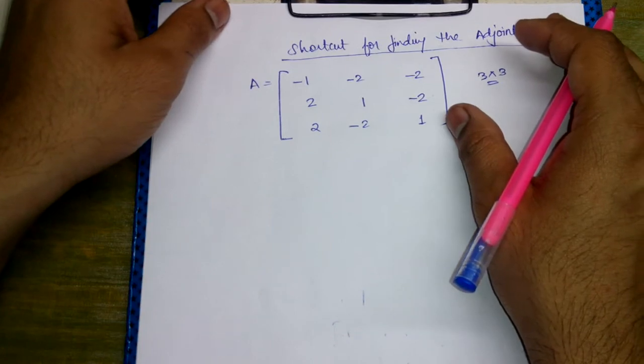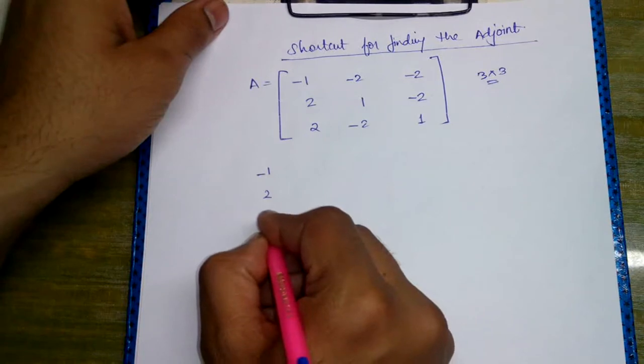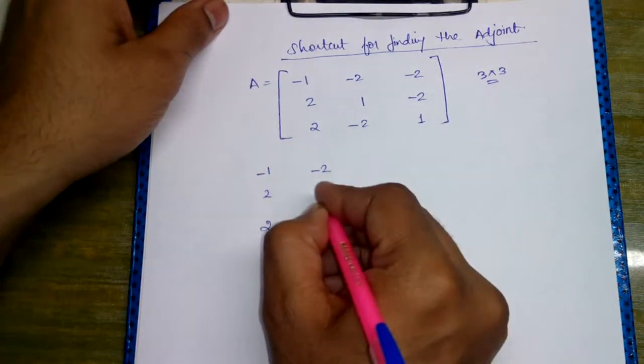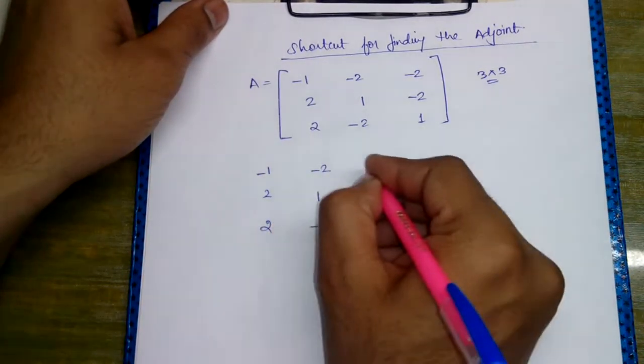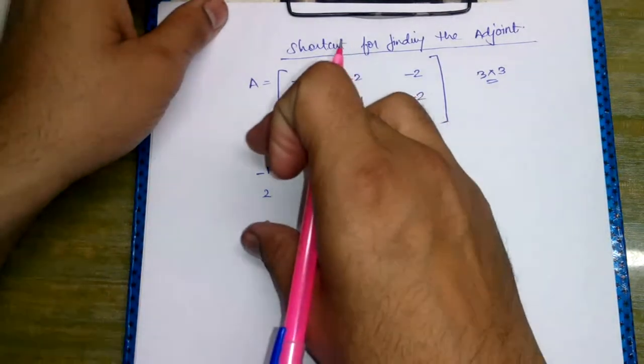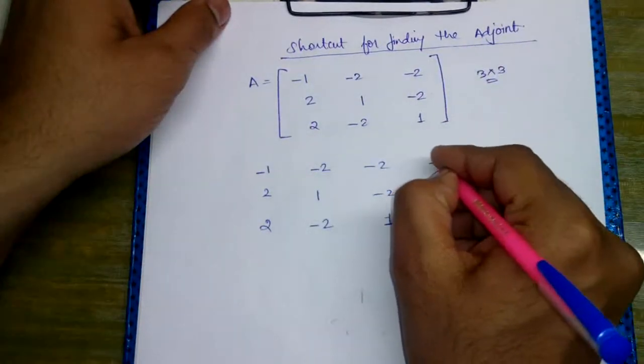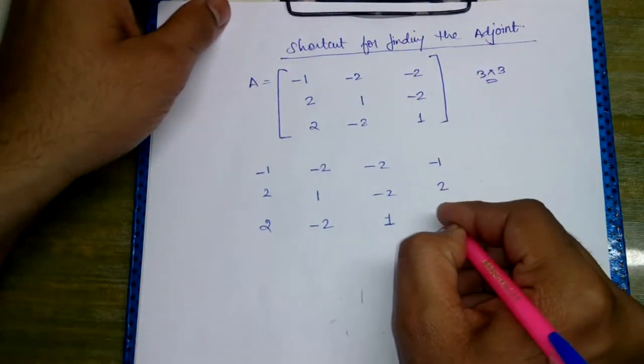So what we are doing is we are writing down these columns like this, such that we are going to repeat this first column at the last. -1 2 2.